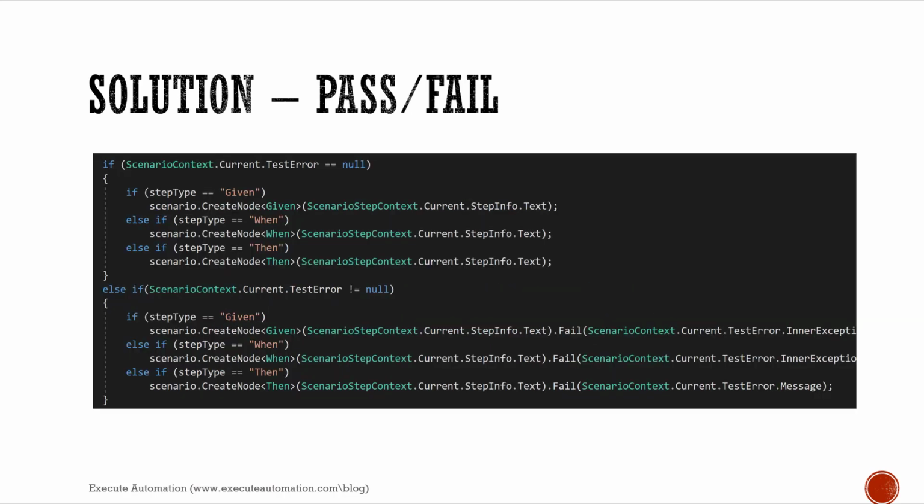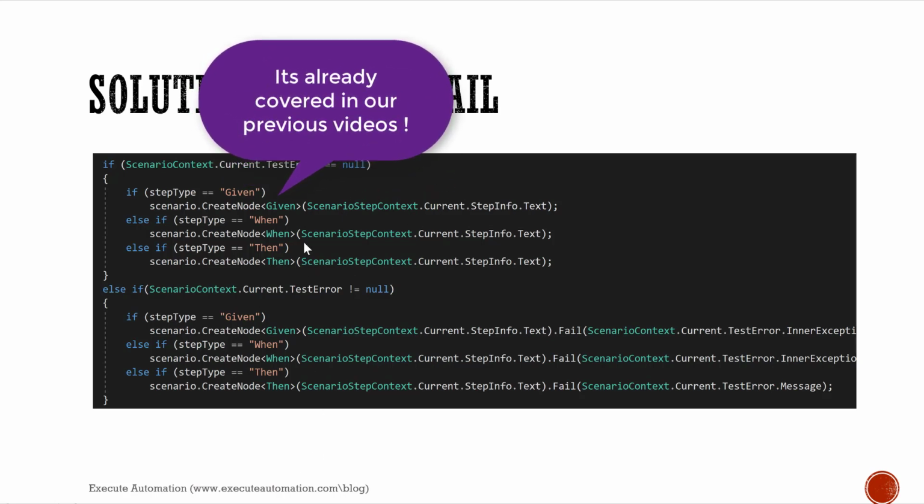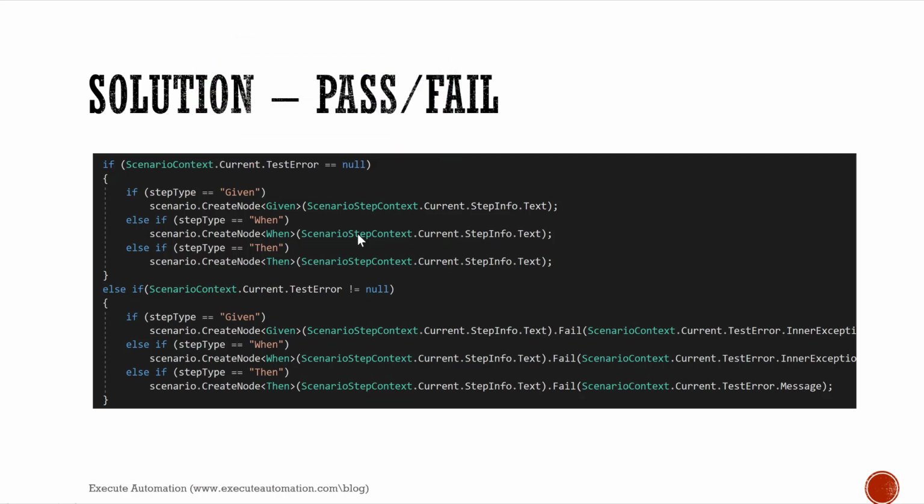But if there is any failure, if it is not null, then you can make use of what is called a fail method, and here you can pass the inner exception of the test error. That easy it is. And again, these are some of the things that we have already discussed in our BDD video series on the same Execute Automation channel. So please go ahead and watch those videos so that you can have a clear understanding of what these things are all about.